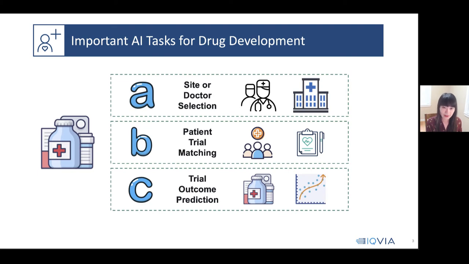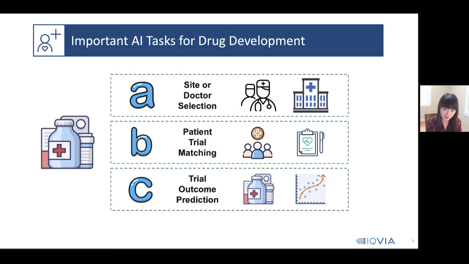The first one is site or doctor selection, which helps target clinical trial sites that are accessible by more patients, or finding doctors whose experience and networks make them better fit for conducting a new trial. The second task is called patient trial matching, which aims at pinpointing the right patients for a particular trial and recommending them to enroll in the trials.